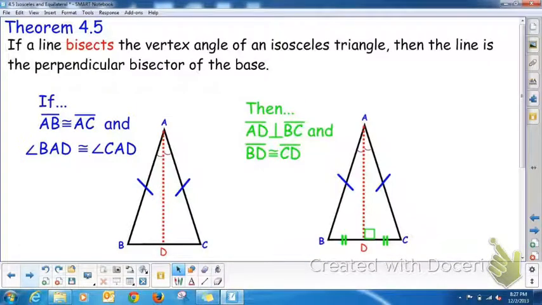Theorem 4.5, if a line bisects, remember bisects means to cut in half, the vertex angle of an isosceles triangle, then the line is the perpendicular bisector of the base.